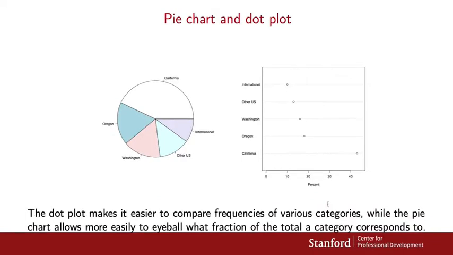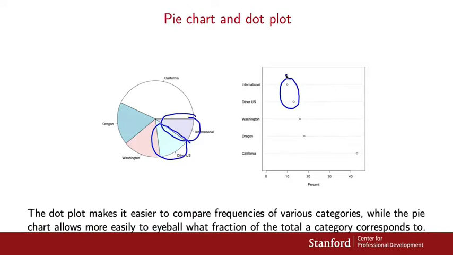Each of the two displays has some advantages and disadvantages. For example, if we want to compare two categories, it's easier to do that in a dot plot. If we look at the proportion of international students and the proportion of students from other US states, then it's very difficult to see which one is bigger in the pie chart. Whereas it's very easy to see that in the dot plot because it's much easier to judge the position of a horizontal line.